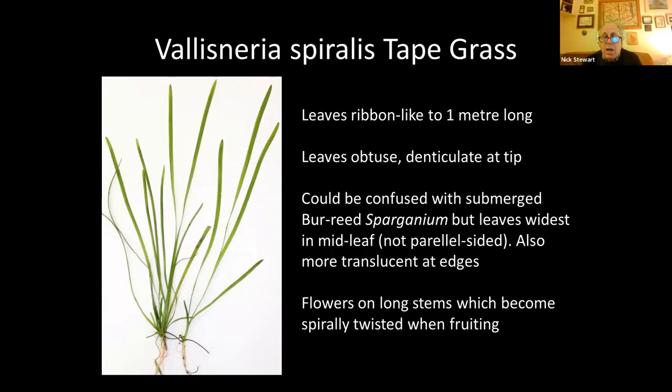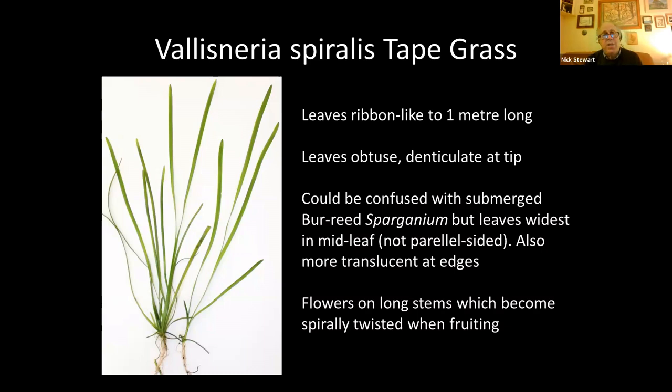It produces these very long, narrow leaves, up to a metre long. They're quite blunt at the tip, but they are toothed at the tip. But in general form, you could probably confuse it with submerged bur-reed leaves.